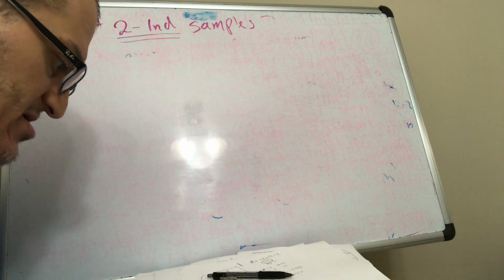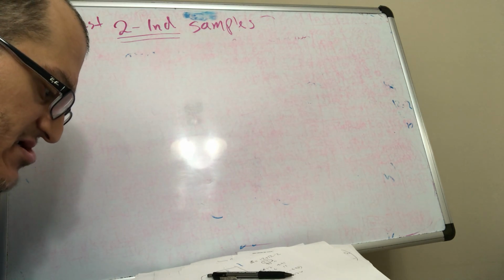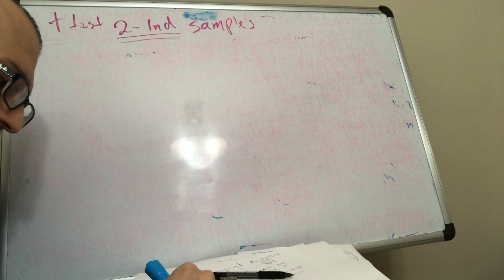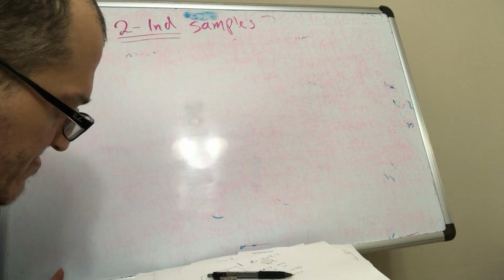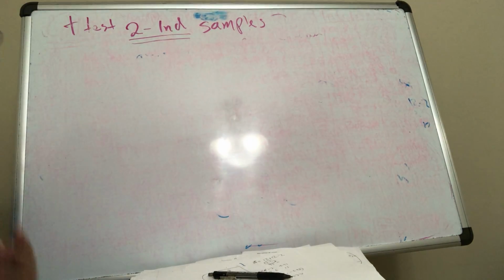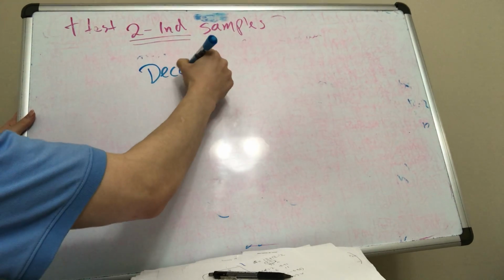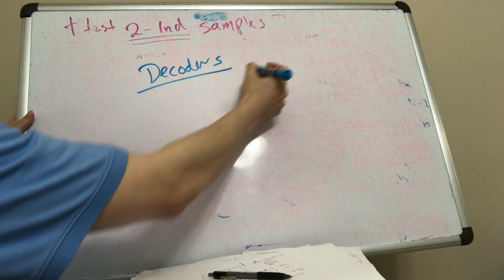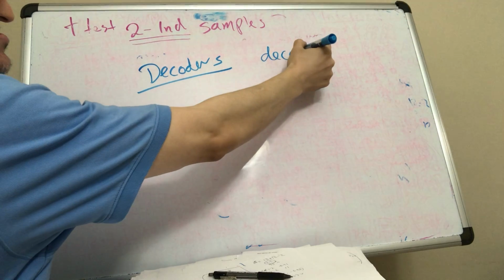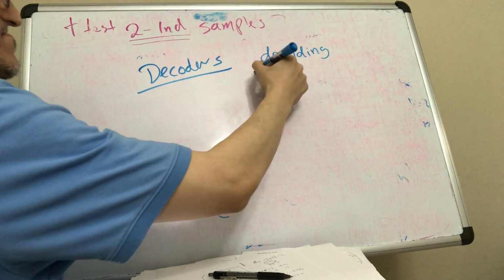The next question, they tell you about two groups of decoders. So you have decoders decoding messages.